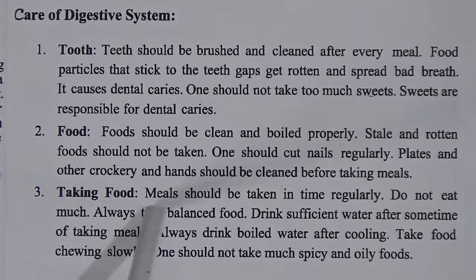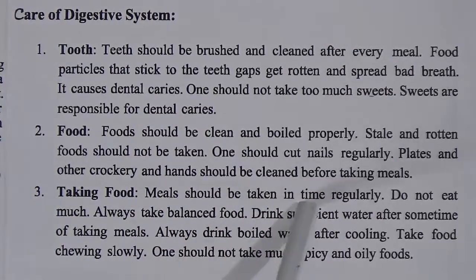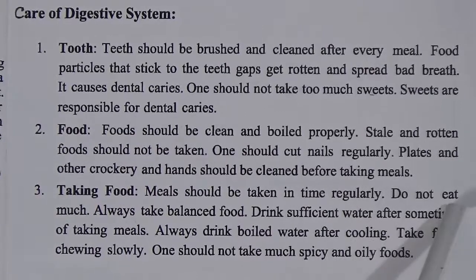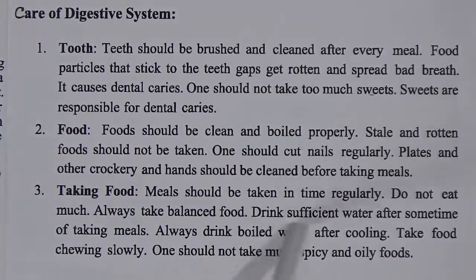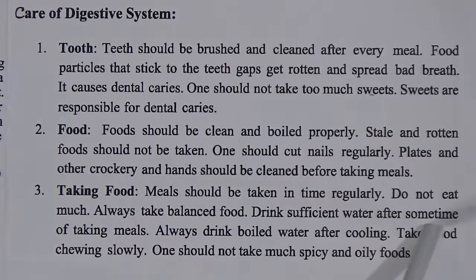Taking foods: meals should be taken in time regularly. Do not eat too much. Always take balanced food. Drink sufficient water some time after taking meals. Always drink boiled water after cooling. Take food chewing slowly. One should not take much spicy and oily food.